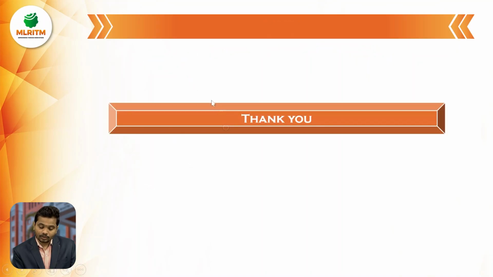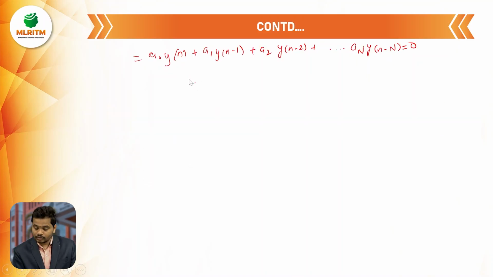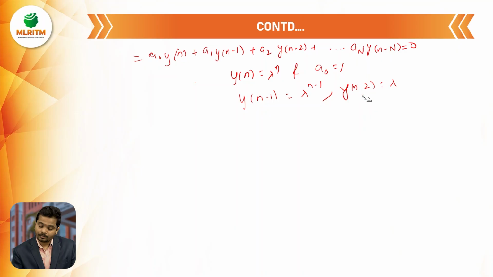For getting the solution, we assume that y of n equals lambda power n and a0 equals 1. Substituting, y of n minus 1 is lambda power n minus 1, y of n minus 2 is lambda power n minus 2, and likewise y of n minus n is lambda power n minus n.